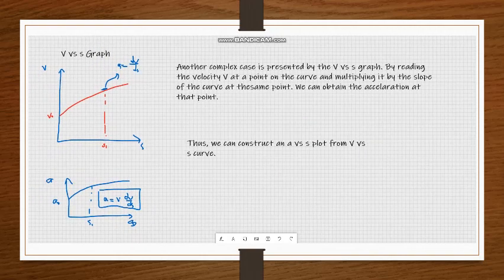Therefore we are done with erratic motion. Let's solve the examples and we will understand better.